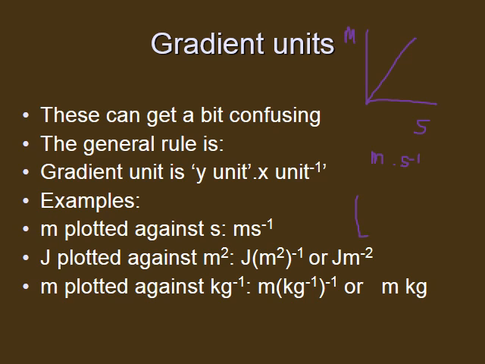If we have joules this time against meters squared area, then the gradient will be the y unit times the x unit to the minus 2 this time, because meters squared times minus 1 is minus 2, so it'll be joules per meter squared.